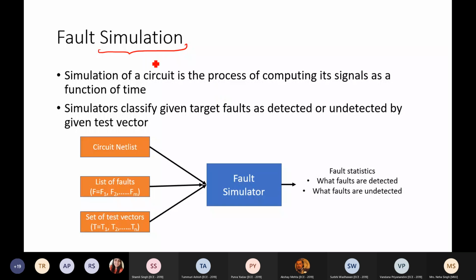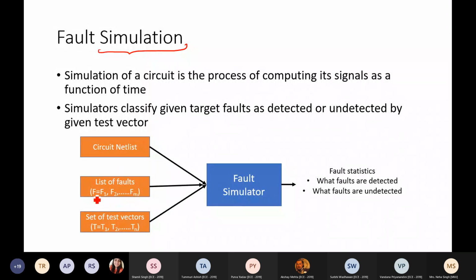For a fault simulator, we generally need to provide three things. The first is the circuit netlist, that is the description of the circuit, which you now know how to describe in Verilog, how to describe the connections in Verilog, right? We need to have the list of faults, assuming for the time being that we have m faults.